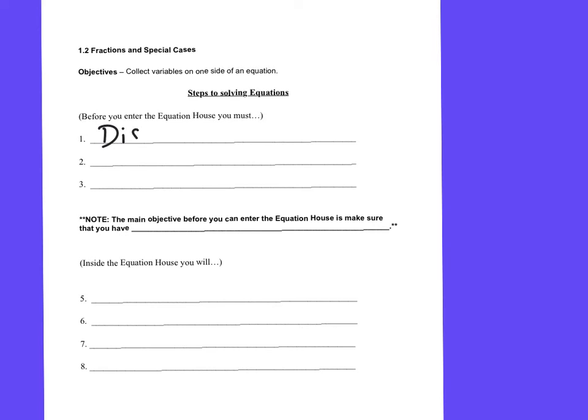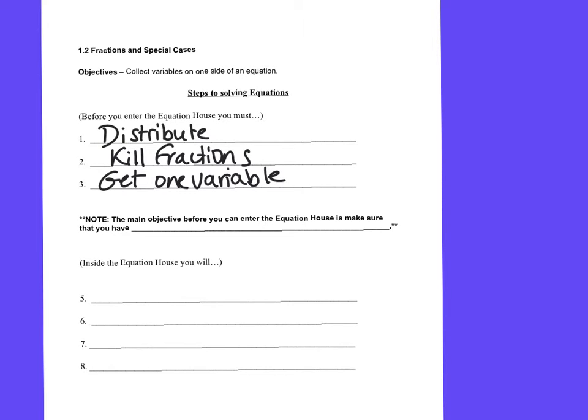The first key is to distribute. The next key is to kill the fractions. Nothing new. And the third one is to get down to one variable. Those are our keys, the keys needed to get into the house.